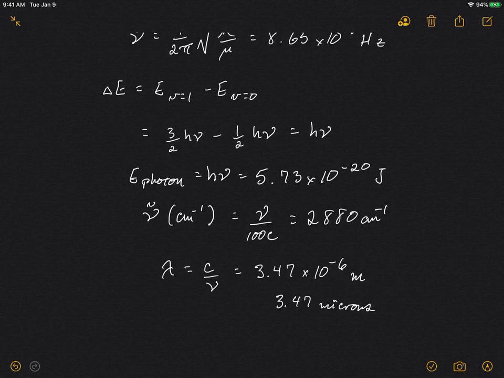We know the visible spectrum extends from about 400 to 700 nanometers. So the near IR is maybe 750 nanometers to say 1.3 or so microns. And so this is 3.47 microns. So it's not even in the near IR. It's the sort of middle of the IR. And that's the infrared spectrum.